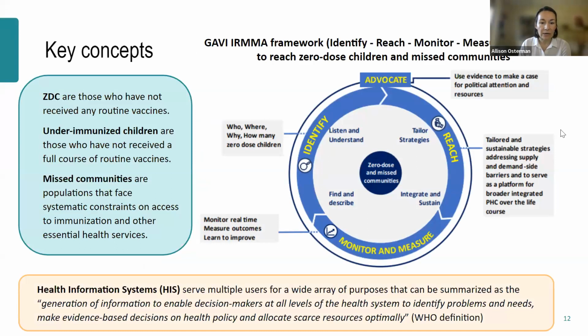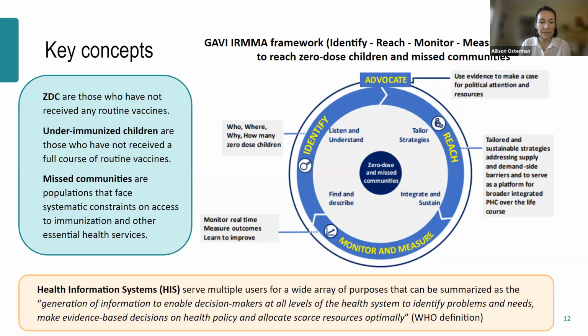So I'd like to start by first going over a few key concepts that will be coming up frequently during this presentation. First, as I think many of you already know, zero-dose children are children who are defined as not having received any routine vaccines, and under-immunized children are children who have not received their full course of routine vaccines.